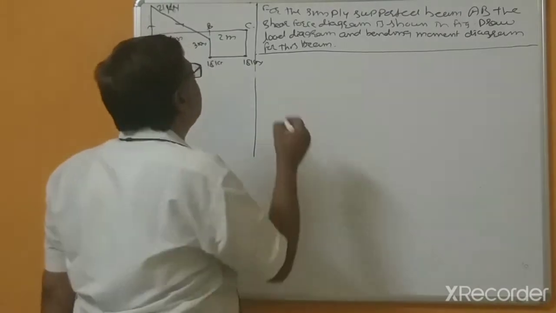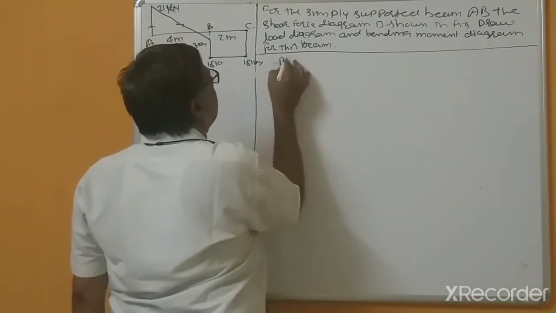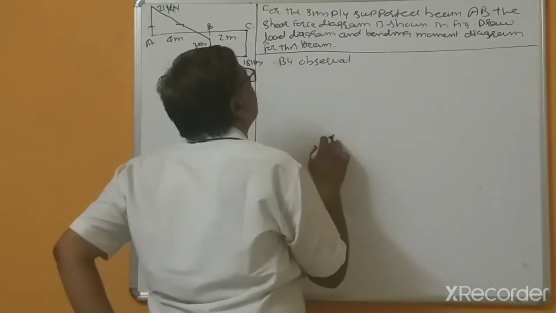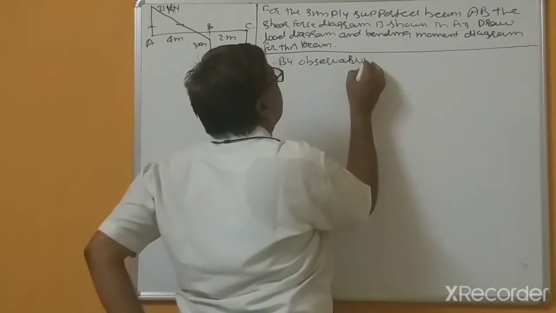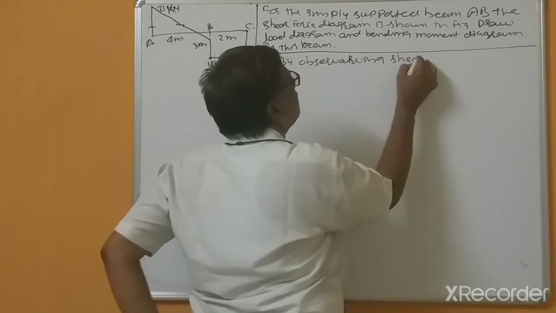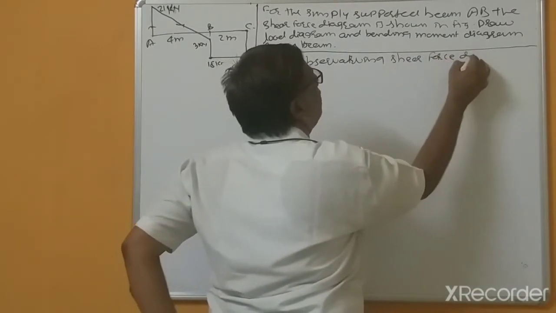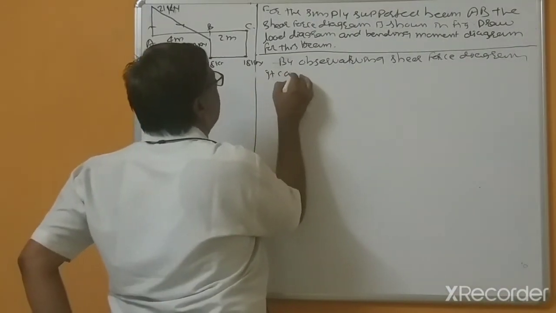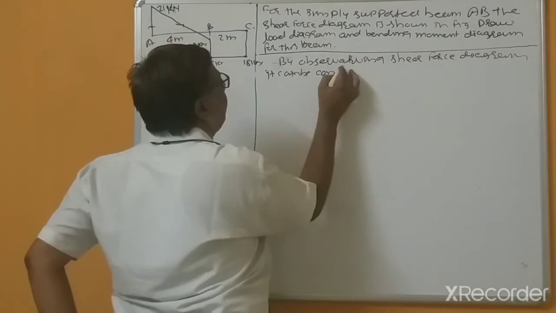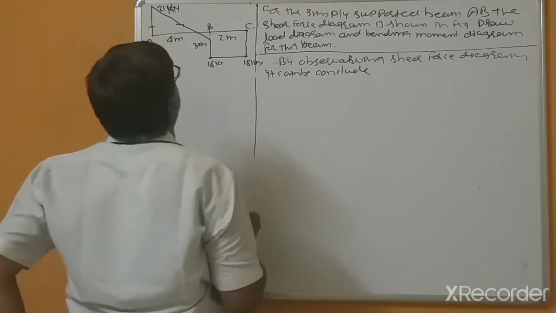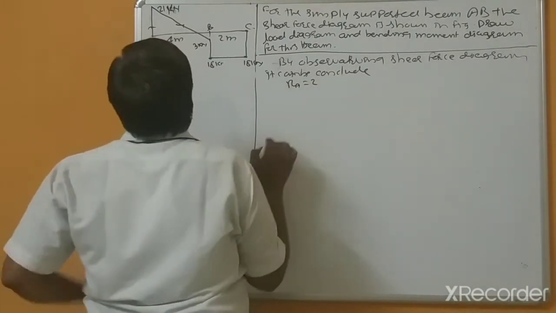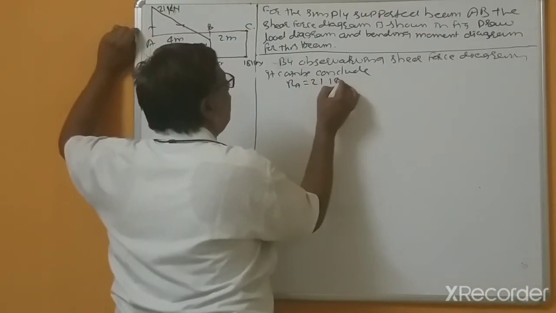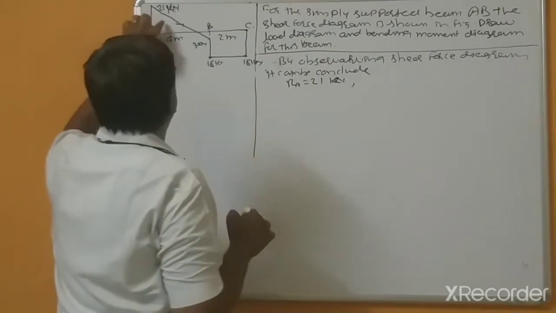So by observing the shear force diagram, it can be concluded that RA, the support at A point, is equal to 21 kilonewton, and this is an inclined load.